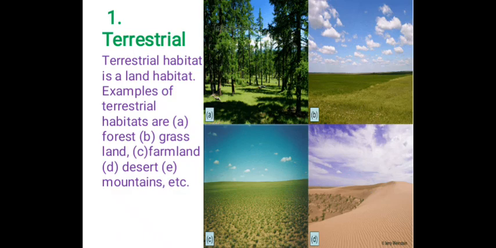Let's start by looking at terrestrial habitat. It's a land habitat. Examples of terrestrial habitat include the forest, the grassland, the farmland, deserts, and mountains.